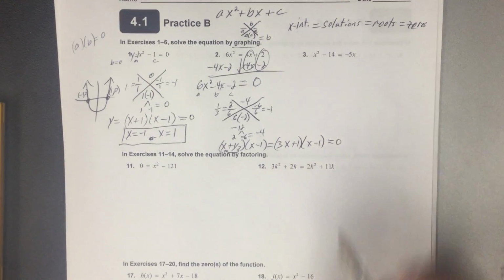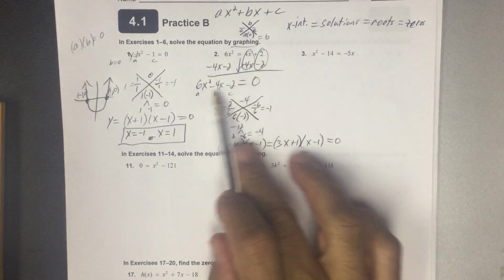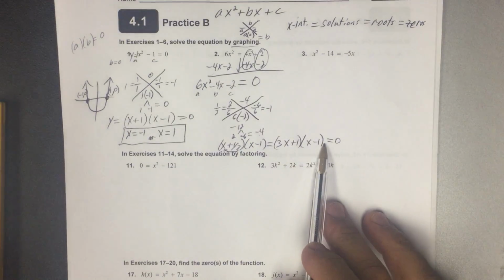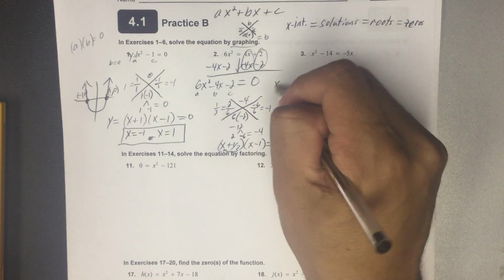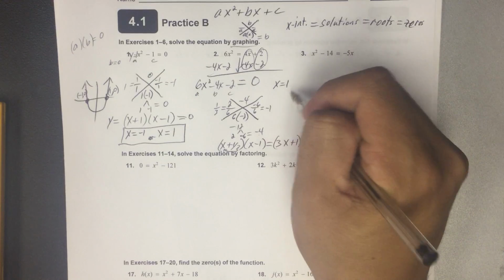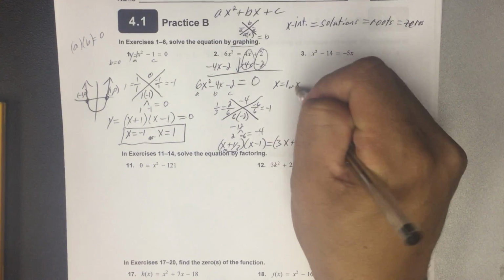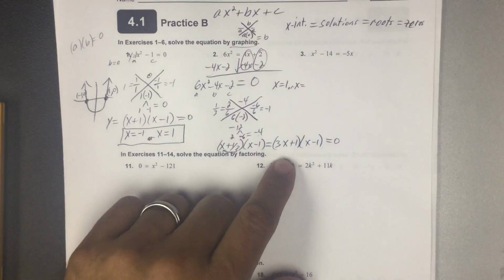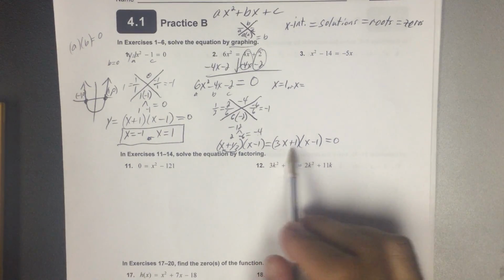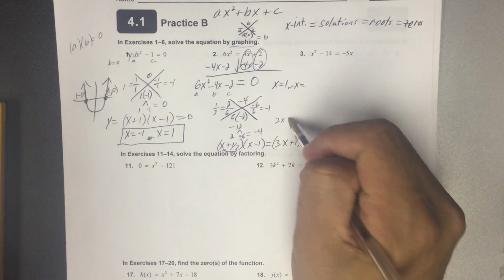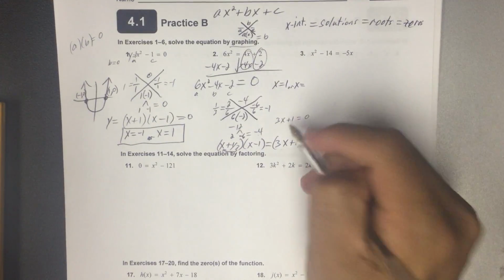And that still equals 0. We're still setting it up, going from here, it always equals 0. What makes this equal 0? If I put a 1 in here. So x could equal 1, or x could equal, this one I'm not able to just look at, but I can solve it. All I have to do is, when would this be 0? Well, solve it. 3x plus 1 equals 0.